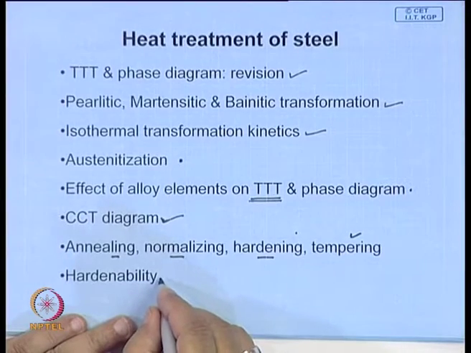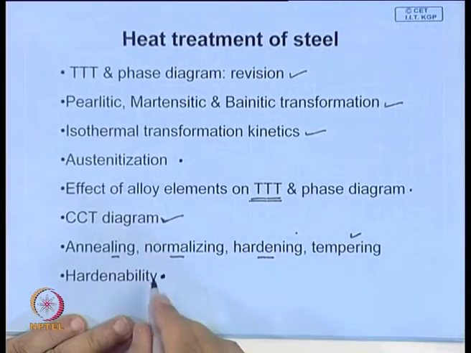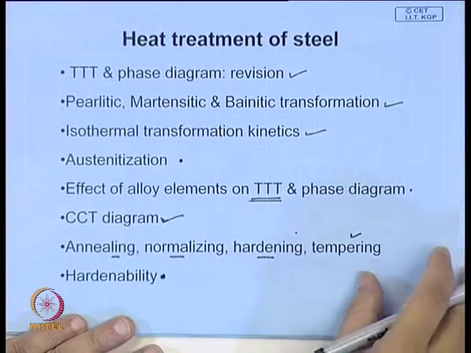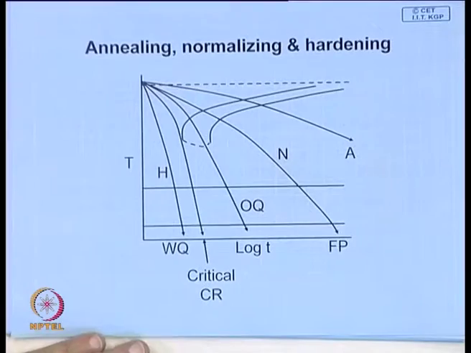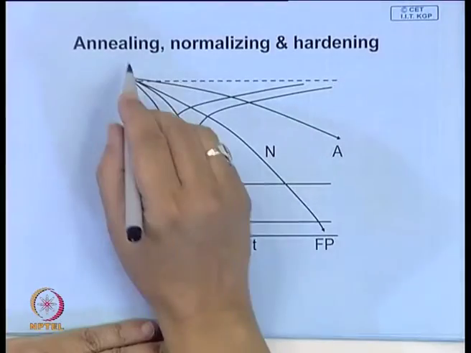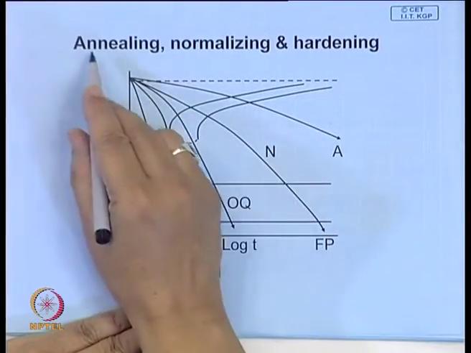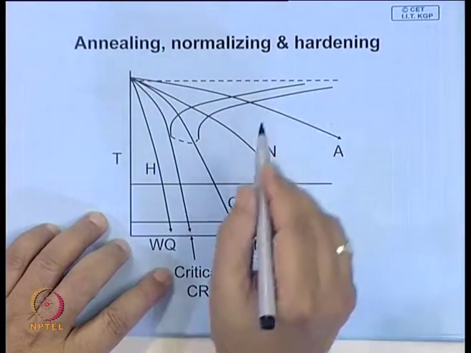And this is the topic which is still left, hardenability. So, today we will concentrate primarily on these three, and this, and a few points before we begin. If you can look back, these three common heat treatment procedures: annealing, normalizing and hardening.